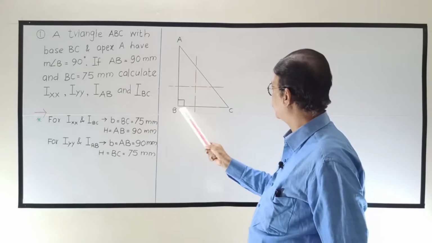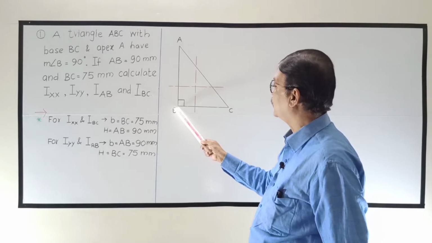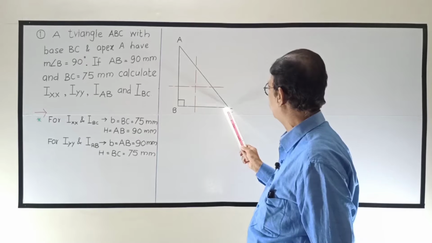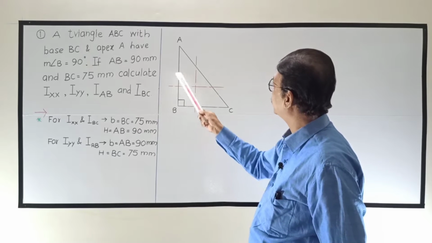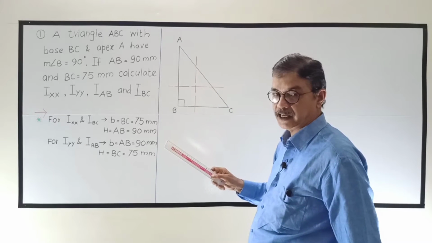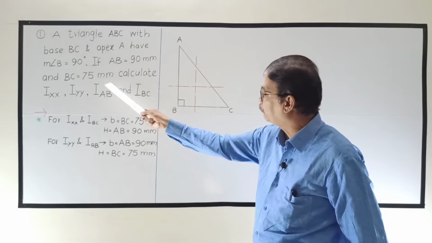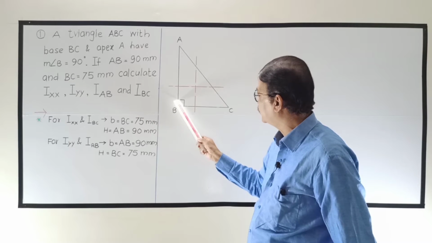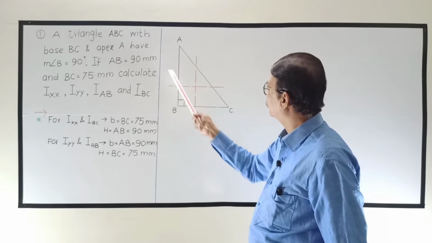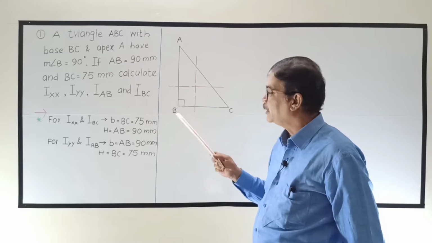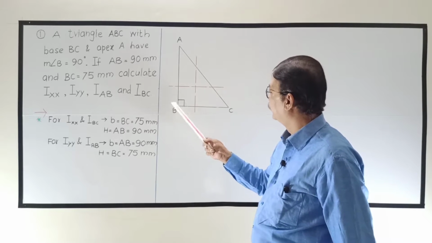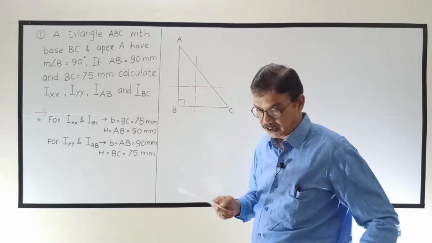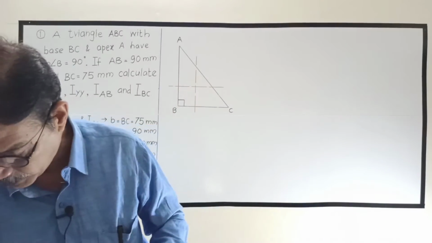This ABC is a triangle, BC is base which is equal to 75 mm, AB is height which is equal to 90 mm. It is given that measure of angle B is 90 degrees. So this is a right angle triangle, and for a right angle triangle we can very easily find out the centroid.